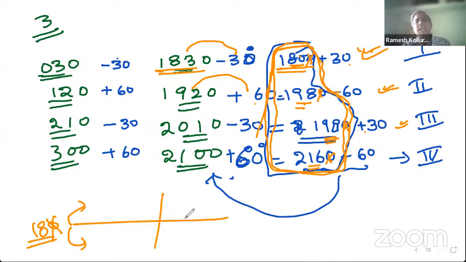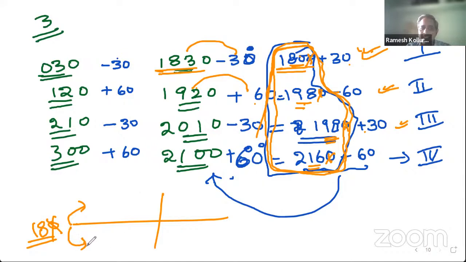So any big number is given, just by knowing the last 2 digits I can easily say which quadrant that number belongs to, and whether 30 degrees or 60 degrees. Because I want sine only, I don't want cos. So because of that, I'm converting it to 180.